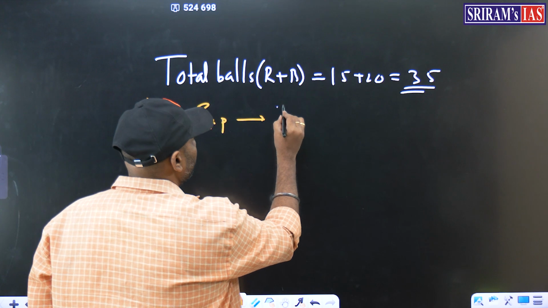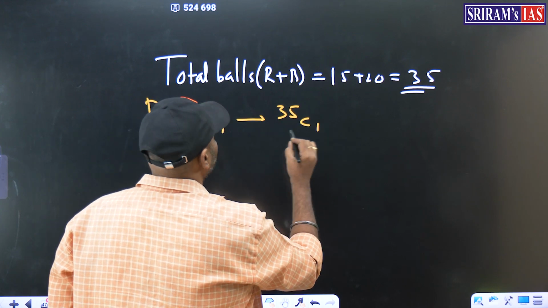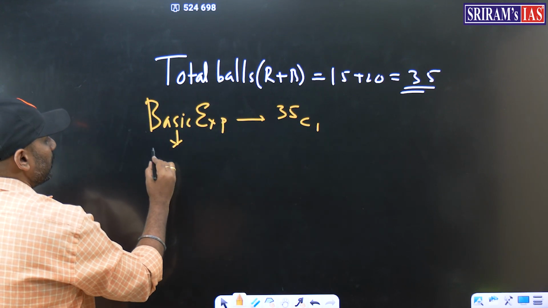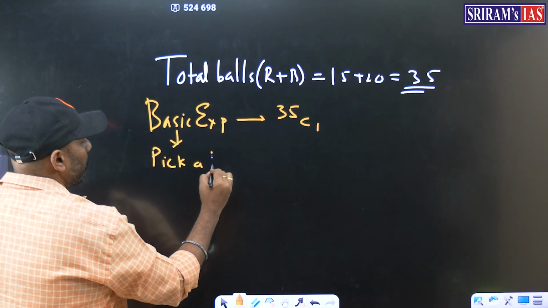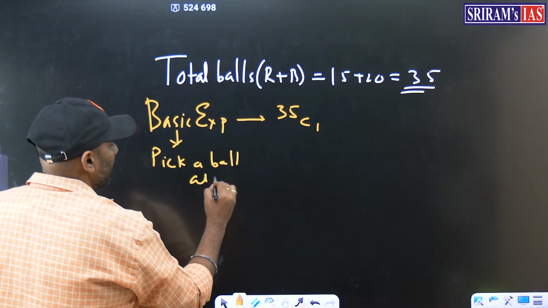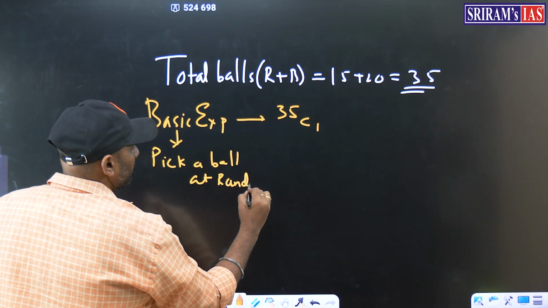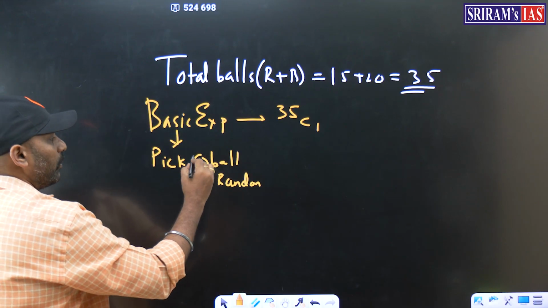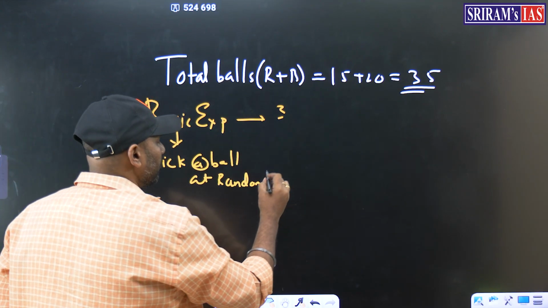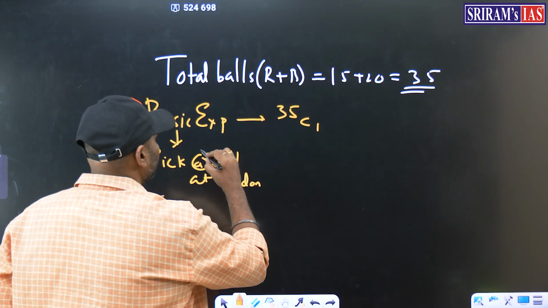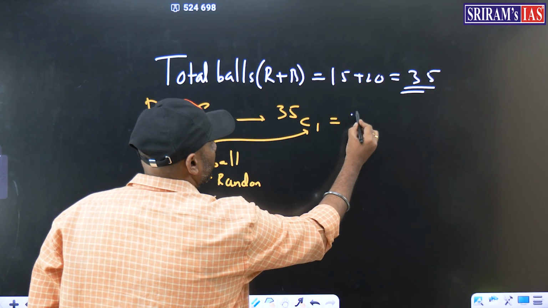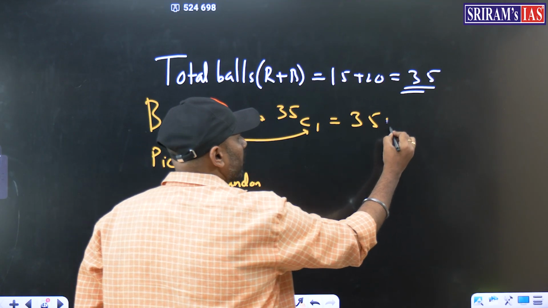So my question will be 35C1. The basic experiment is to pick a ball at random, one ball, so 35C1, which is nothing but 35 ways in which you can pick a ball.